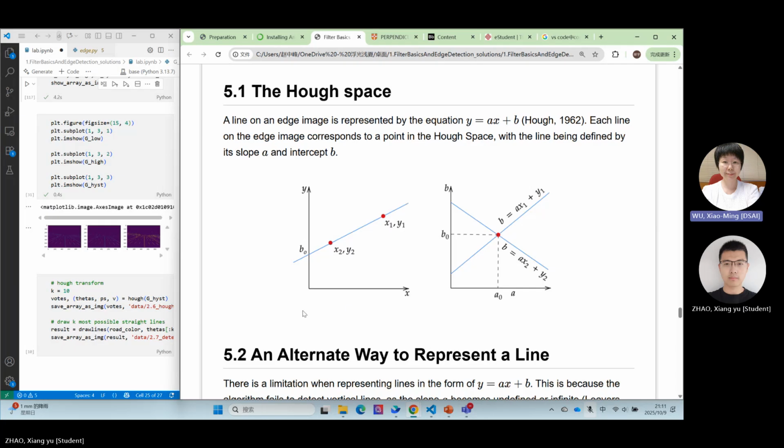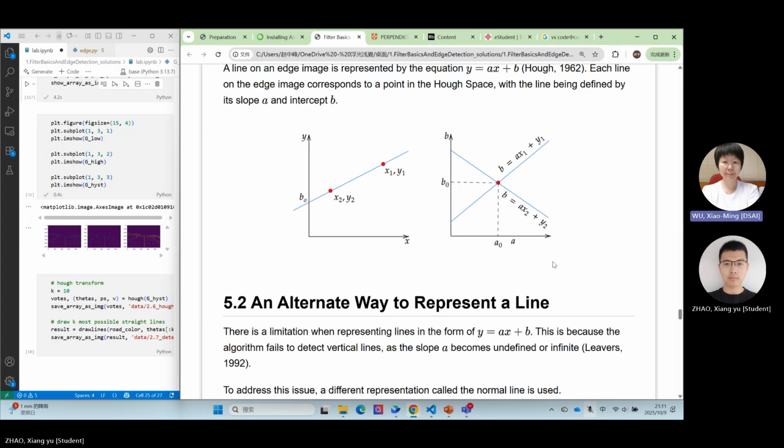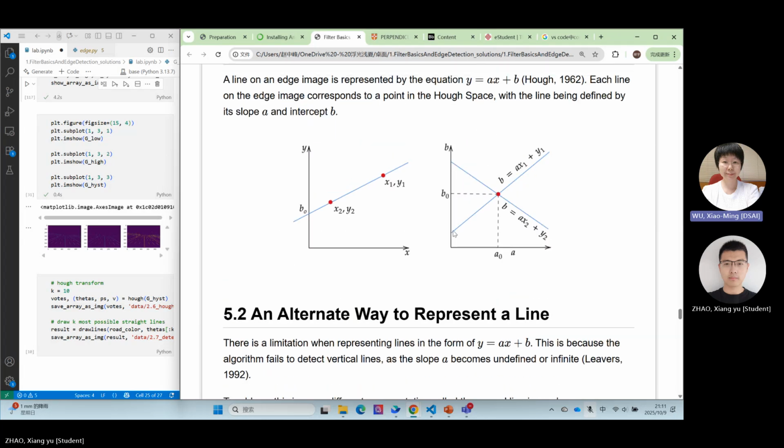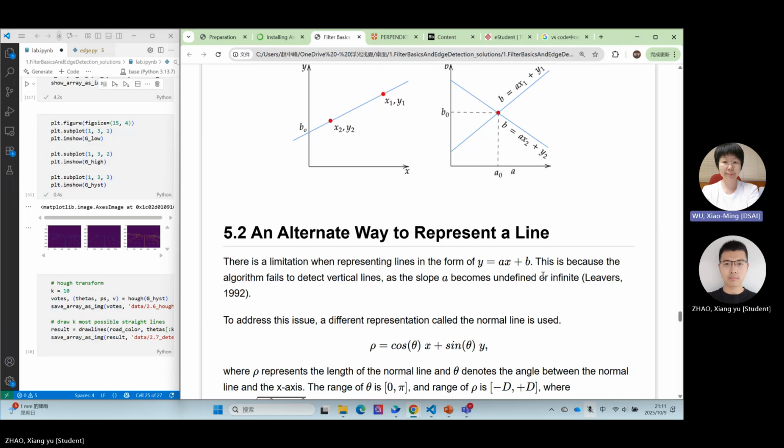That means every point in the current coordinates is a line in the Hough space. But this method has some limitations, because the algorithm fails to detect vertical lines, since the slope a becomes undefined or infinite.